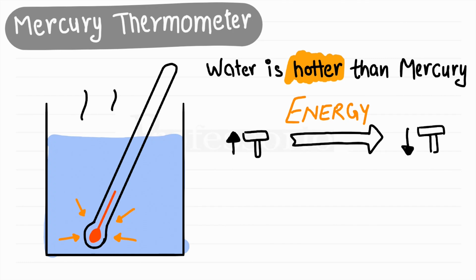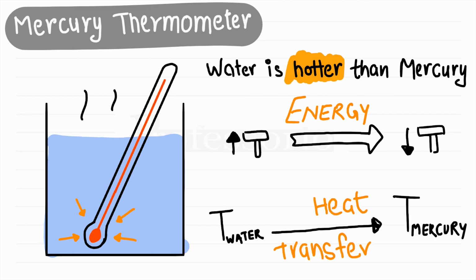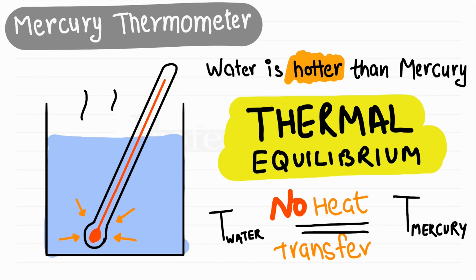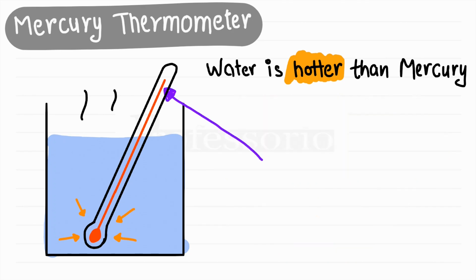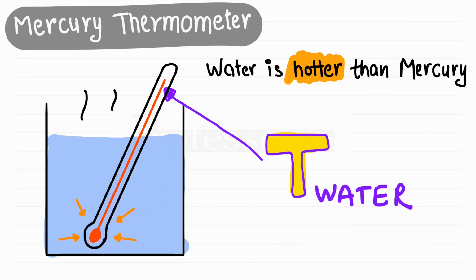As mercury gains heat, it expands and rises in the thin tube. The heat transfer stops when both mercury and water reach the same temperature. This state is called thermal equilibrium. At that point, the height of the mercury column shows the temperature of the water.